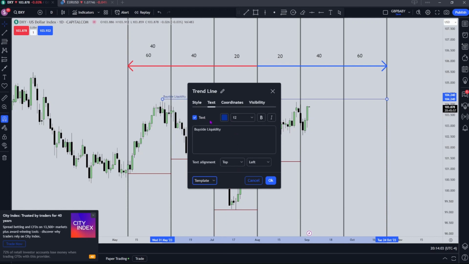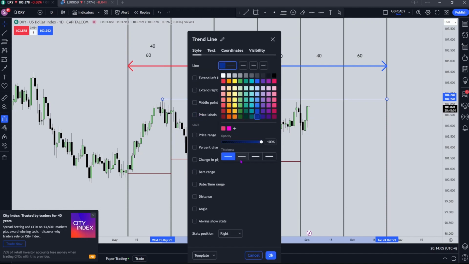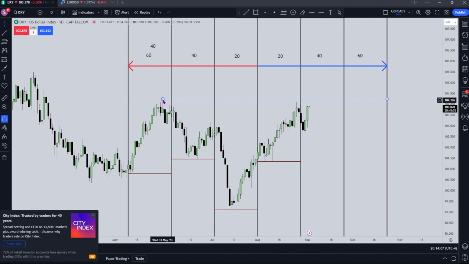So we've got this high here. Keep that drawn out. This high has been tagged, so we don't need to draw that out. And this high here has been tagged, so we don't need to draw this out. This high here has not been tagged, so we can draw that out.